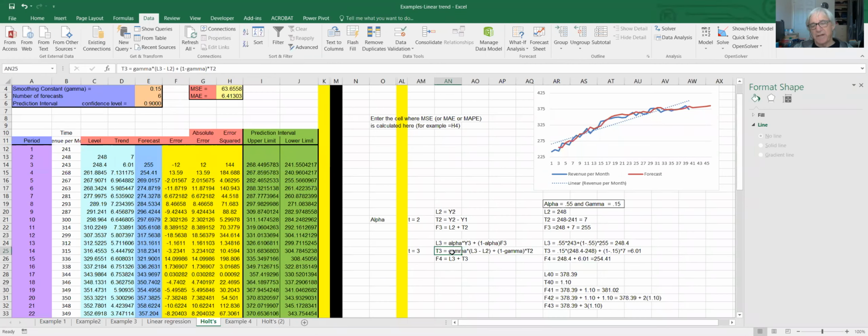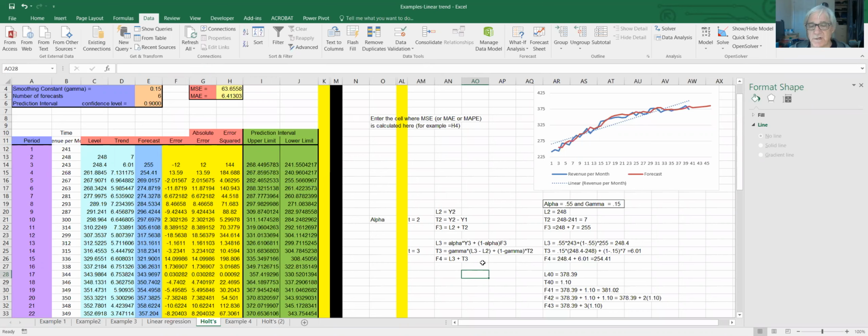So we have here L3, and you have here T3. You have gamma that will multiply the new estimate of the trend. It's new, I'll tell you why. And then you have 1 minus gamma times the old estimate of the trend.